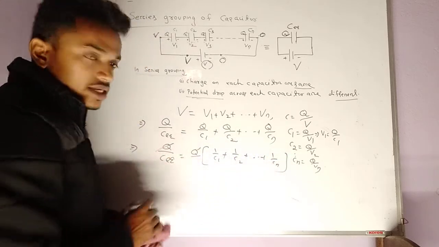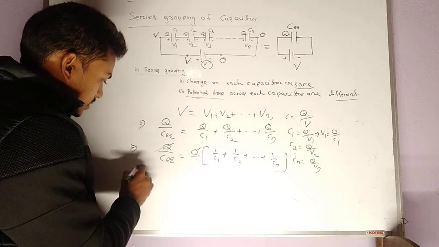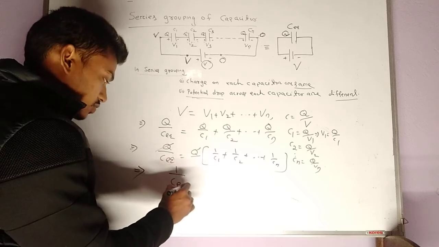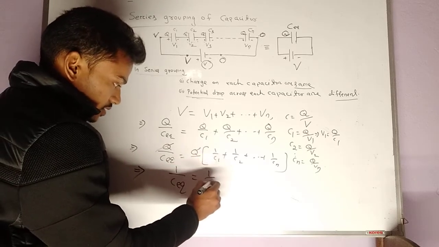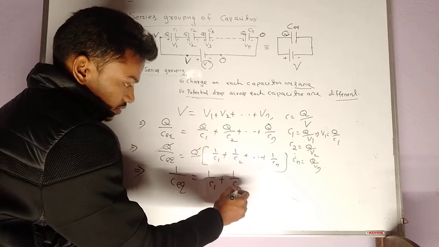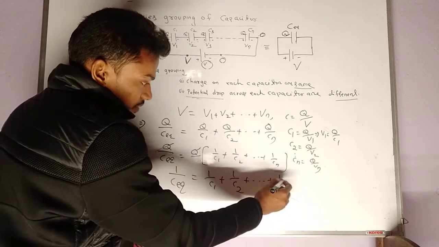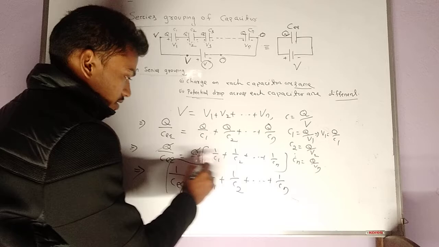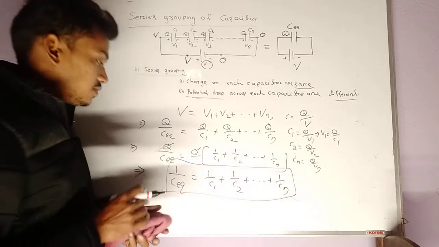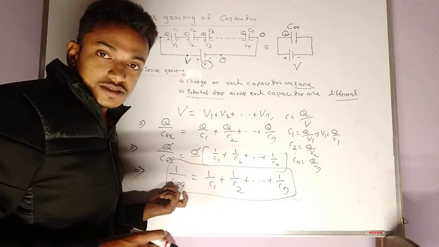Q on both sides cancels out. So the equivalent capacitance is given by 1 by C equivalent equals 1 by C1 plus 1 by C2 up to 1 by Cn. This is the expression for equivalent capacitance.